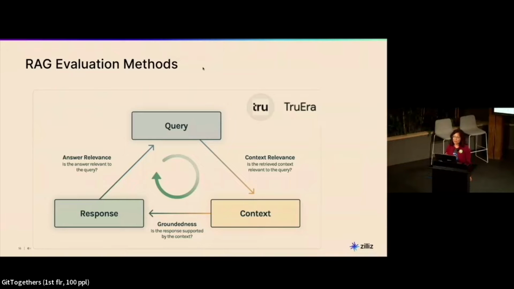So general and high level, and I took this slide from the company Truera, where they have a really nice view of the RAG triangle of evaluation. So you imagine you have a query and you do a retrieval. That's the right side of that triangle. So the first evaluation you might want to do is, was the context that was retrieved relevant to this query?